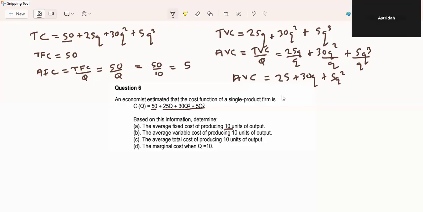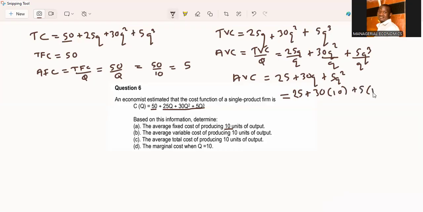Yes. Then, since our Q is 10, we're going to substitute. Where there is Q, we're going to put what? 10. So 30, here put 10. Then here we have 5, we're going to put 10 squared.